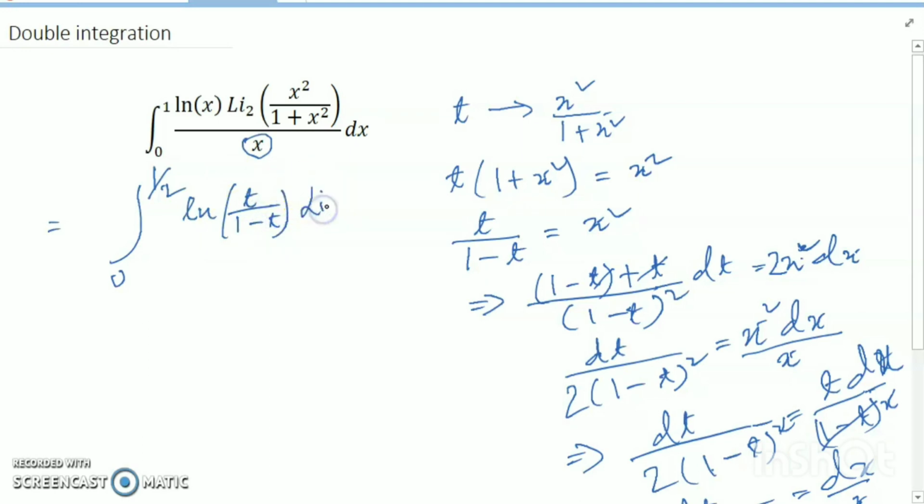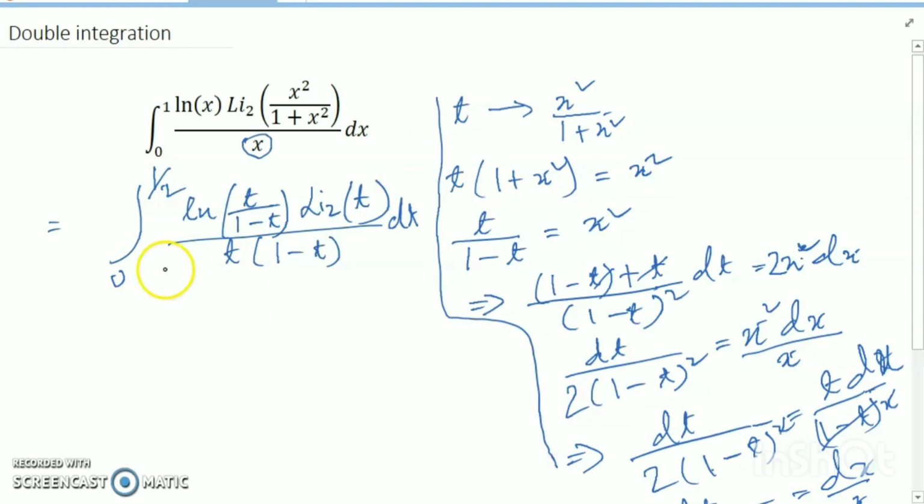So it is the integral of Li2 of t times dt over t into 1 minus t, and half is multiplied, so it is 1 by 4, because for the logarithm, log x is equal to half of log x square, so it is 1 by 4.